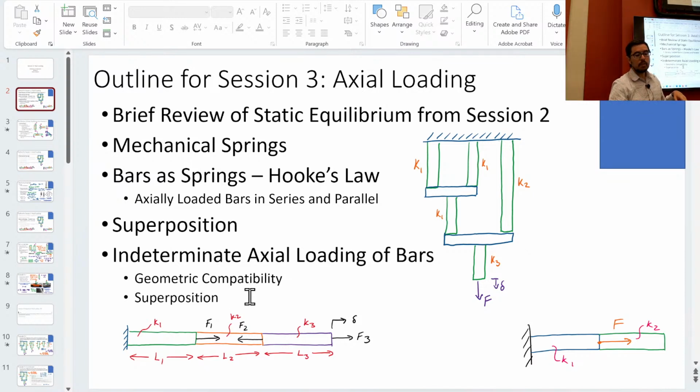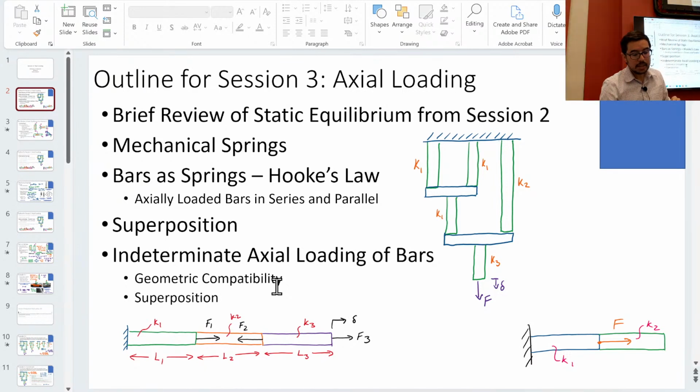We're going to focus a little bit on treating these members as springs, and we already know how to make a network of springs into some type of equivalent stiffness, which allows us to simplify things and not have to look at the forces and the geometric nature of the problem, which you'll see in Hibbeler's book can get a little bit confusing. Not because Hibbeler doesn't do a great job, I just think this is a simpler approach when you start to think about bars as springs.